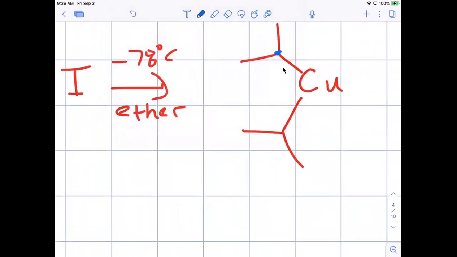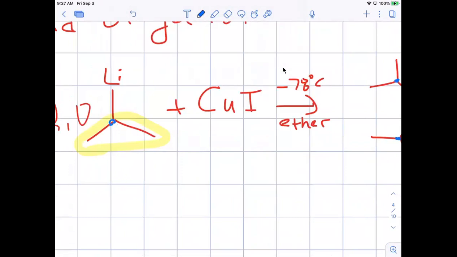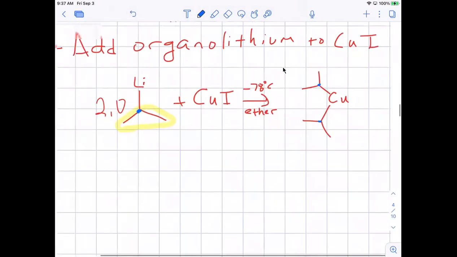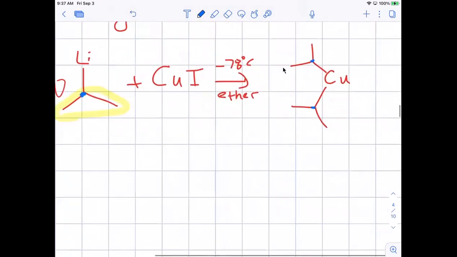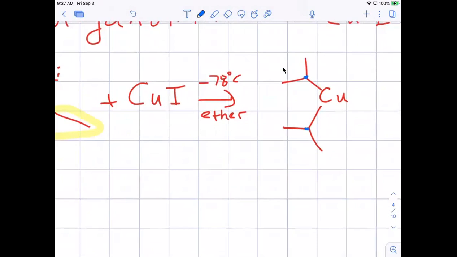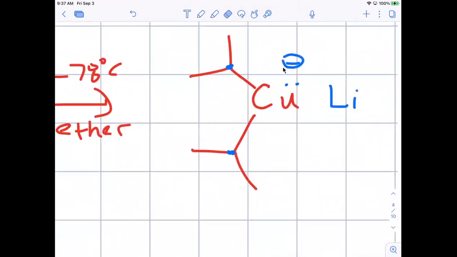So I've got this carbon right here and this one right here that was bonded to lithium, and now it's bonded to copper. And then copper actually is negative, so it has a pair of electrons. And then the other lithium metal is out here. So you have an ionic bond between copper and lithium and a covalent bond between copper and carbon.